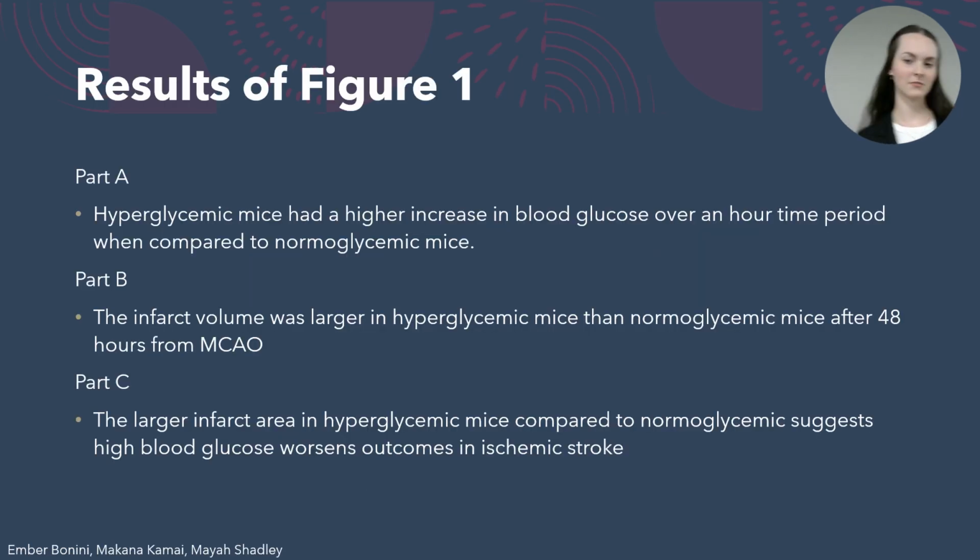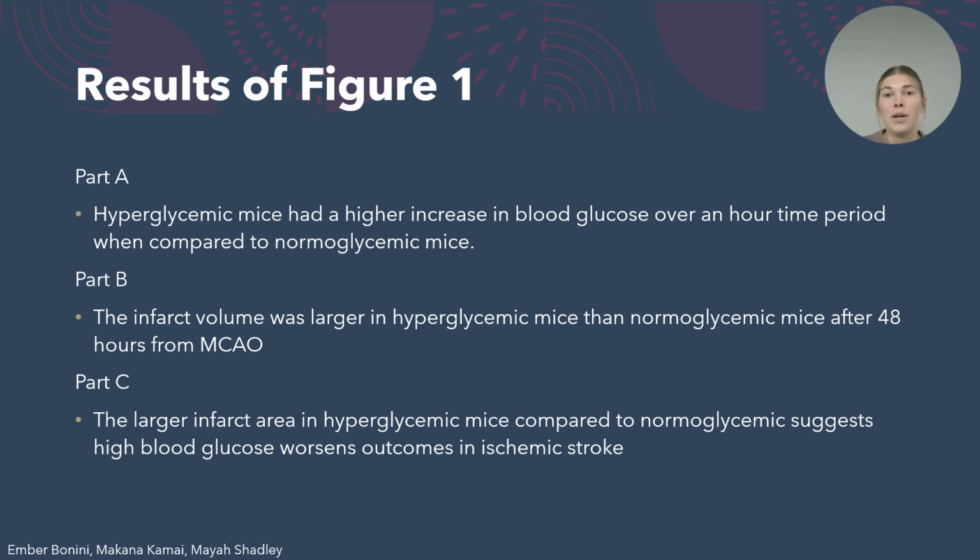Starting us off is Ember. All right, guys, so we're going to do a little recap of part A from figure 1 and get into our results of this figure. Again, part A overall was just showing that the hyperglycemic mice did have a higher increase in blood glucose level, and that was seen over the time period of 0 minutes, which is when it was first injected, going into 30 minutes where it had a really sharp increase.